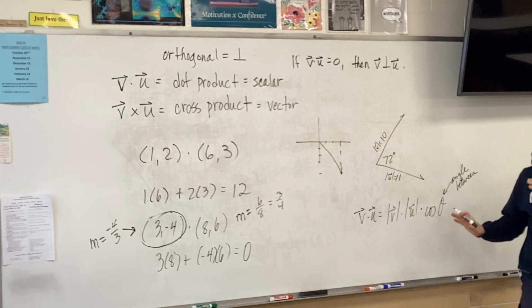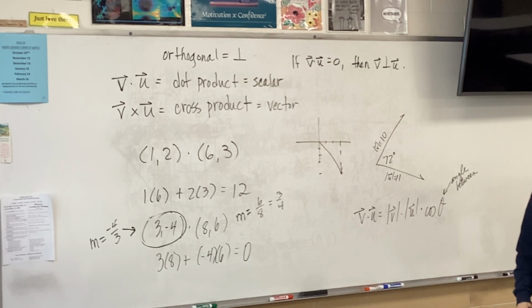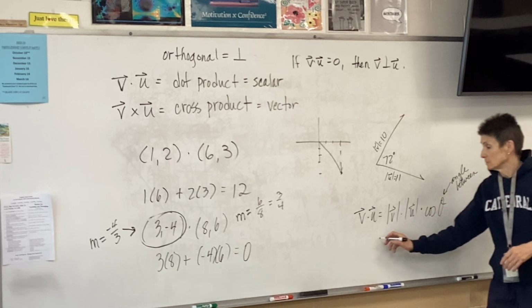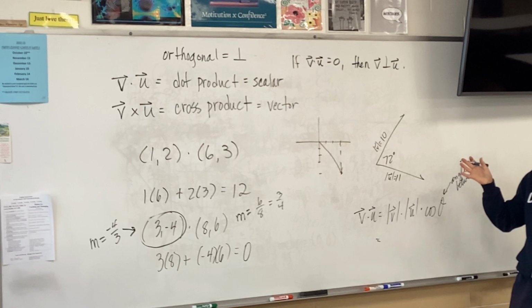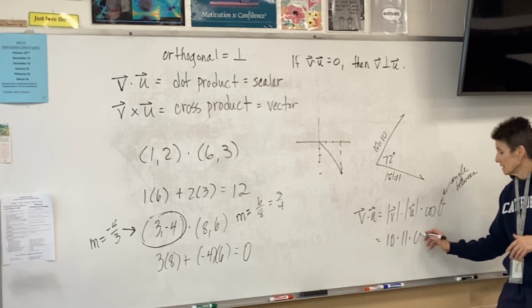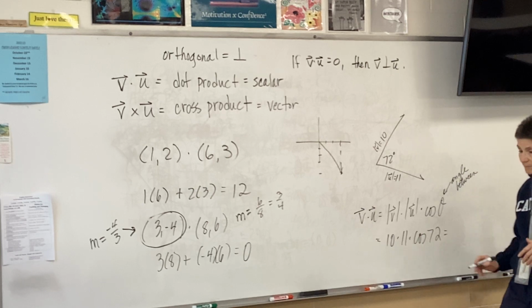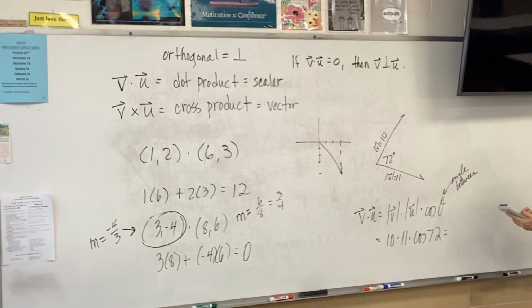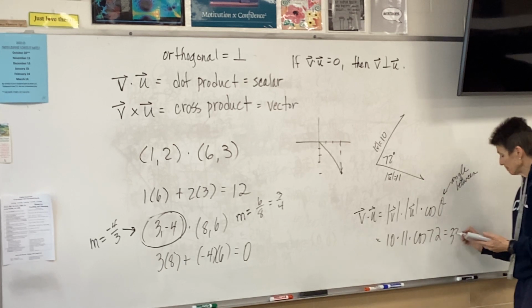So this is another definition of the dot product. Magnitude times cosine. Well, we have exactly what we need. So it's going to be 10 times 11 times cosine 72. So again, that's just going to be a number. 33.99.